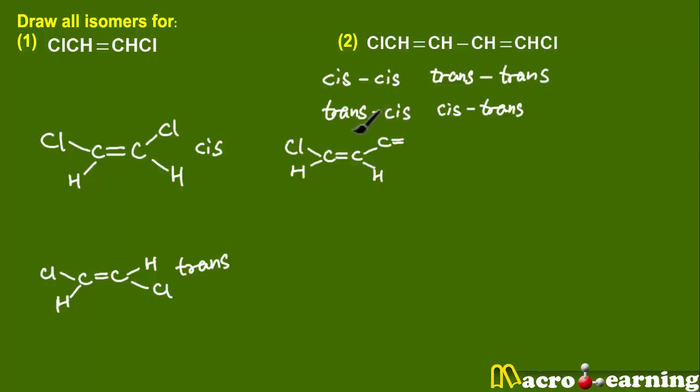And cis for the second one, so this automatically is going to be like this. So if it's cis again, then this chlorine and this big guy will be on the same side of the double bond. So this is what it's like. So it's cis-cis.